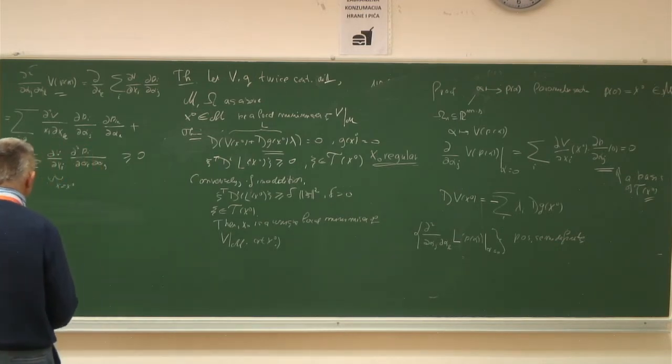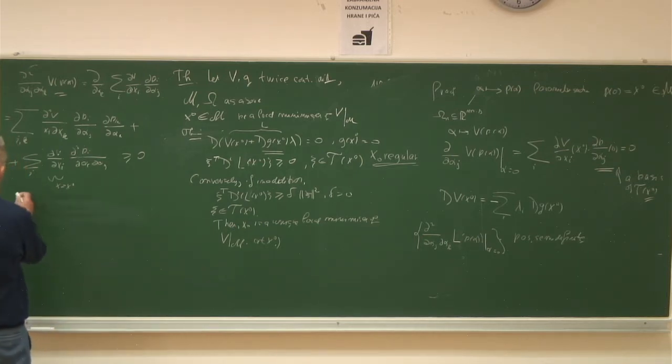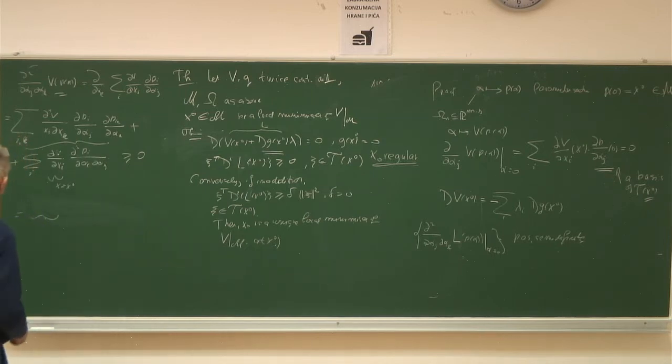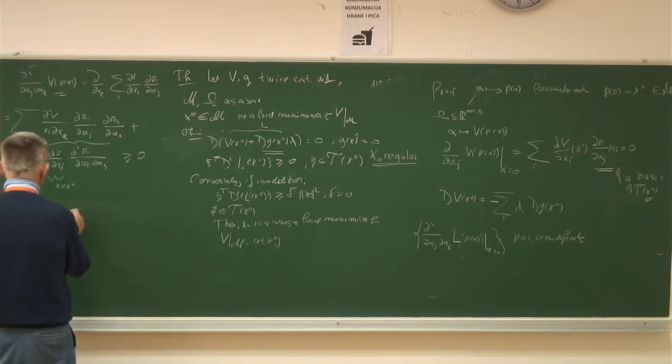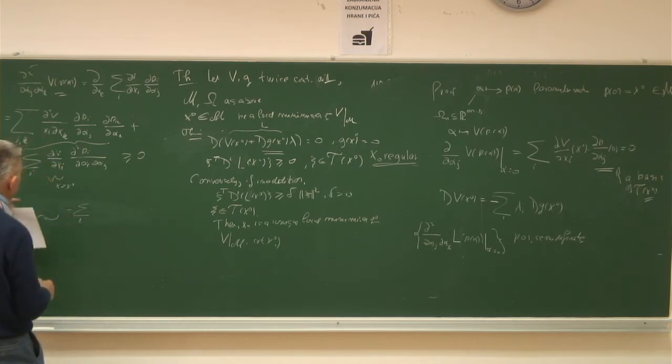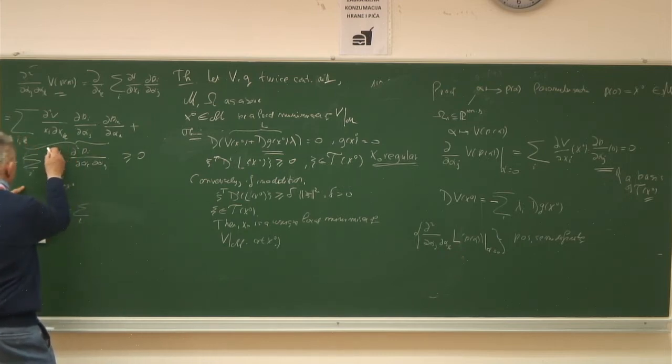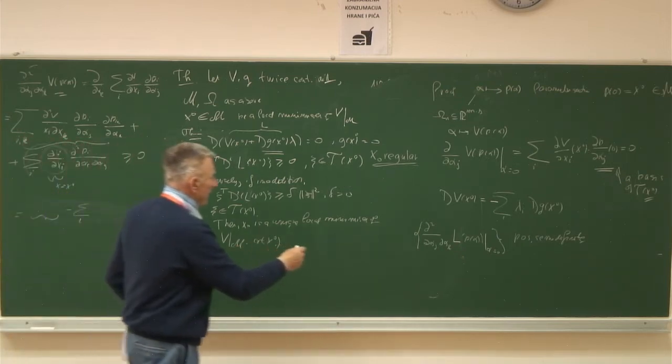And this is equal to what? This is equal to this one. I will just write it up, and this is equal to minus sum over i, and this should be now computed from this formula.